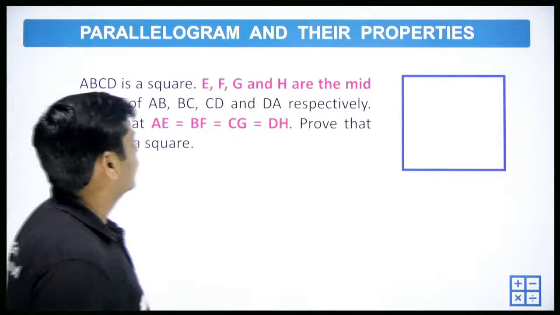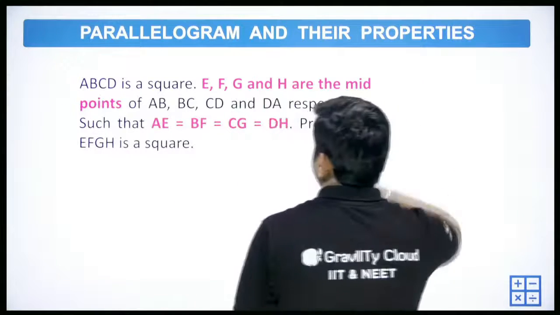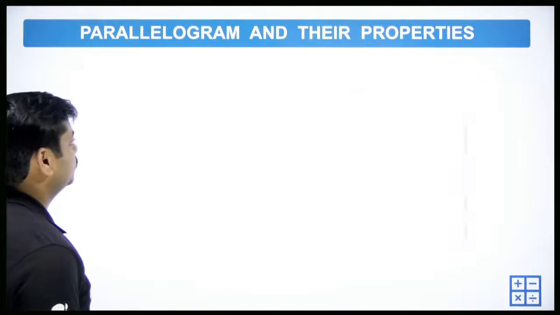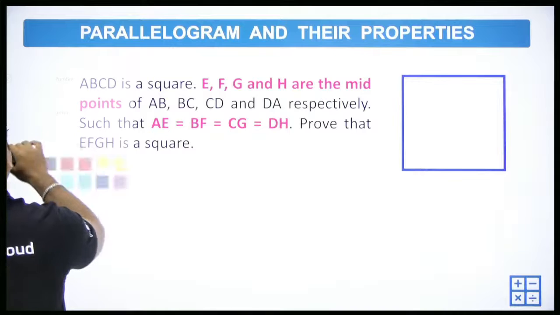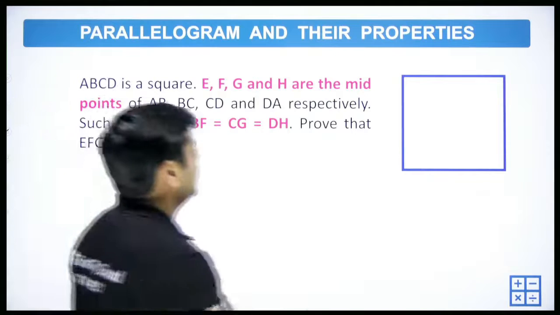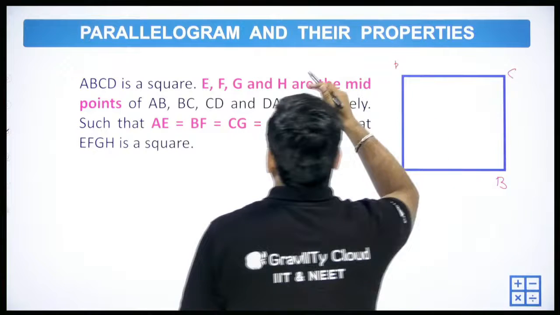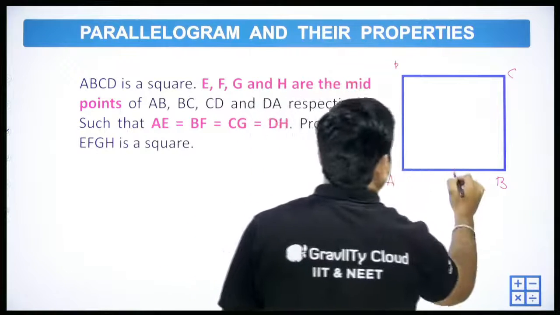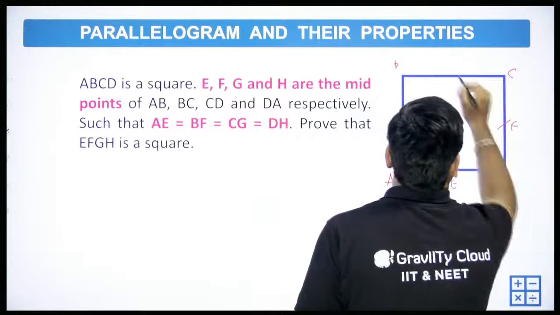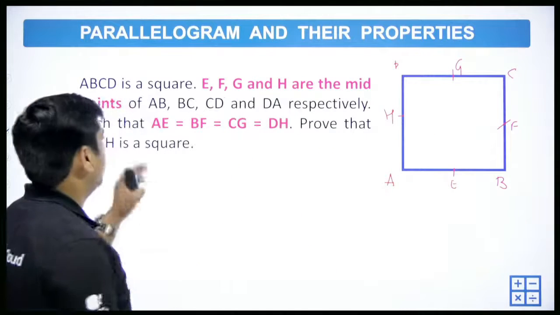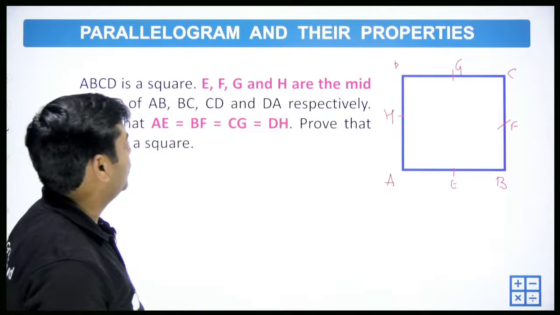ABCD is a square. E, F, G and H are the midpoints of AB, BC, CD and DA respectively.